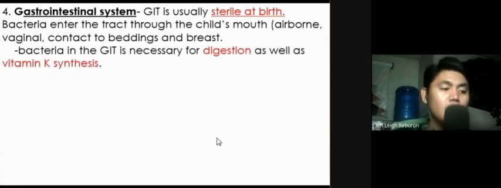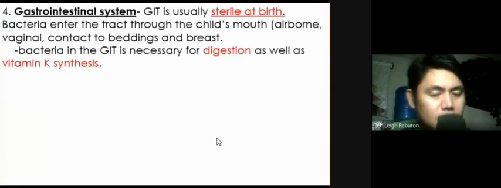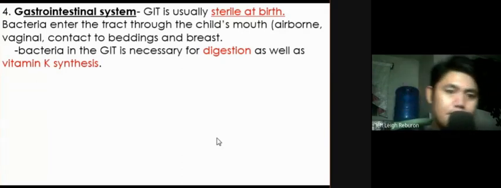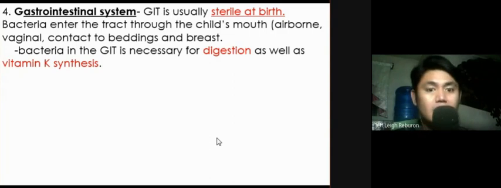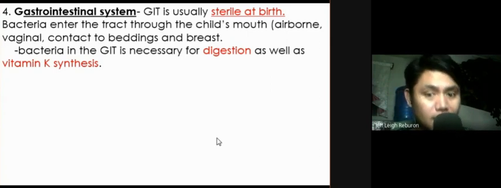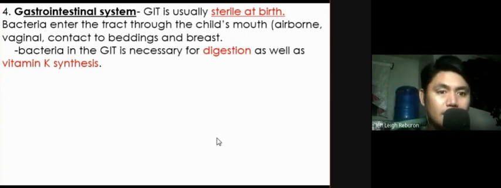Alright. Next, we also talk about the Gastro-Intestinal System or the GIT. Now, the GIT, like we said last time, is sterile at birth. Okay? Wala pong mga microorganisms in the GIT kapag kapapanganak pa lang ng bata.